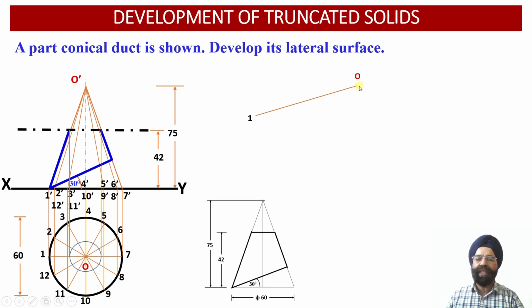And now with O as center and O1 as our radius, we have drawn an arc in such a way that onto this arc, all the 12 points of the base will be located.